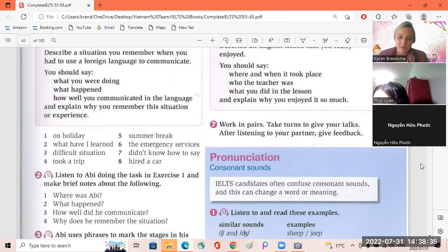Okay. Uyen, number 4. In my summer, I was very bored because I didn't go anywhere. So my family took a trip to Can Tho. Very good.